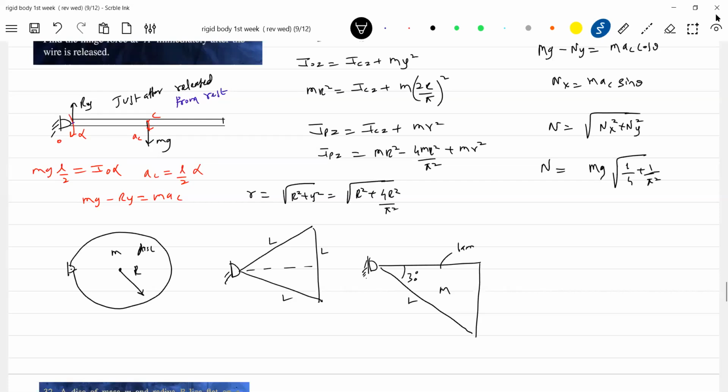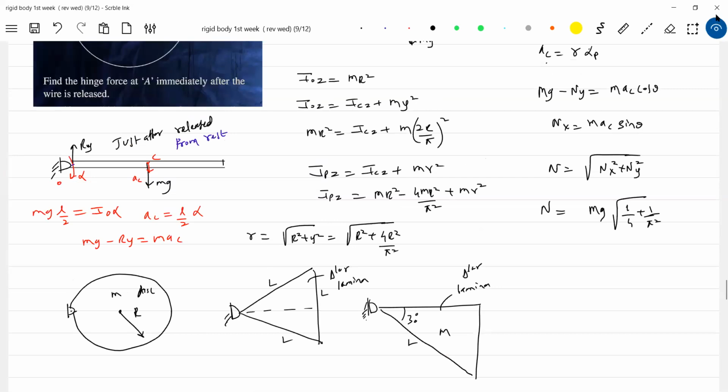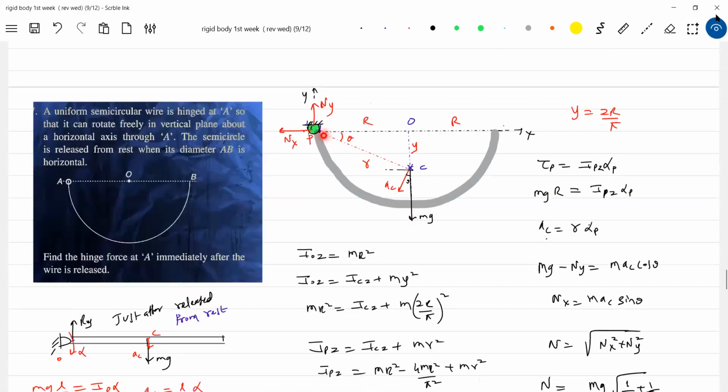The lamina, triangular lamina. So many shaped objects can come. Even they can bring some particle and attach it here. It'll become unlimited. So at least I think this is one case. This is not a generalized one. Huh? No, this will become some sort of generalized.